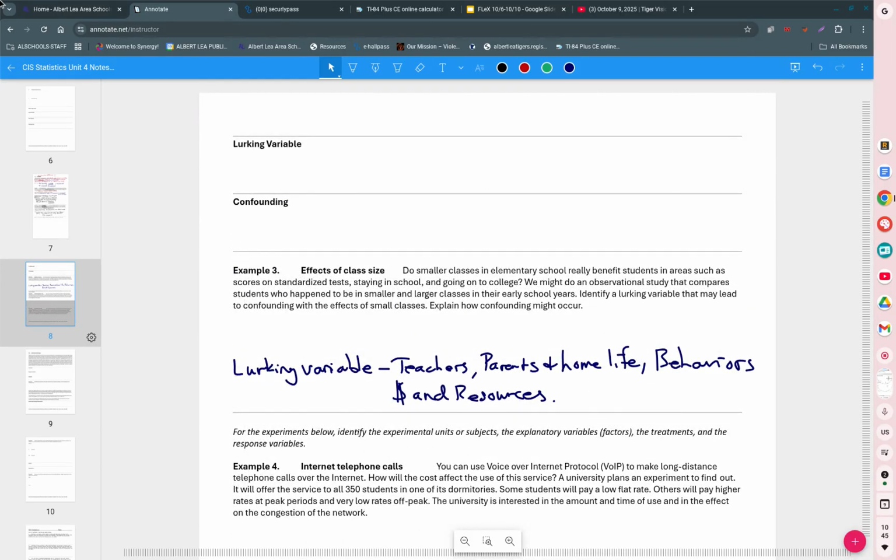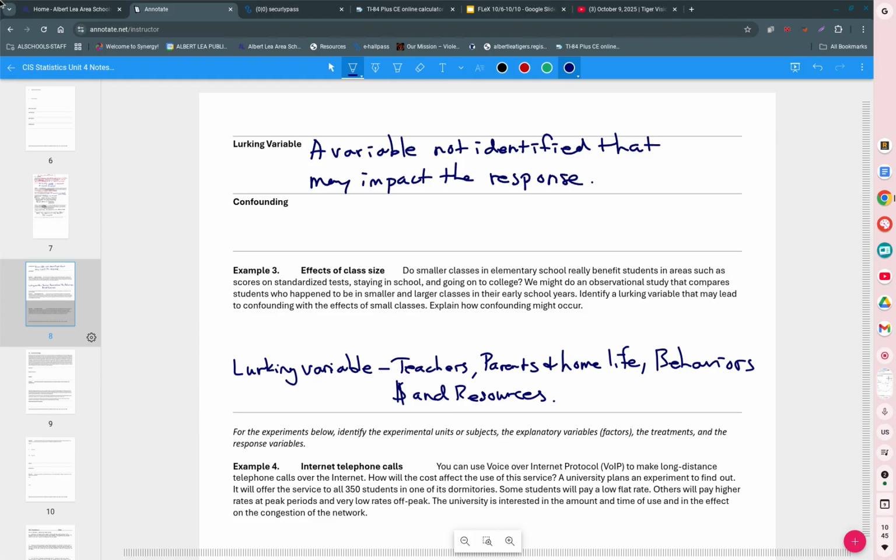Working variables are things you always have to be aware of, and you have to be able to identify a few. So, this is a variable not identified that may impact the response.